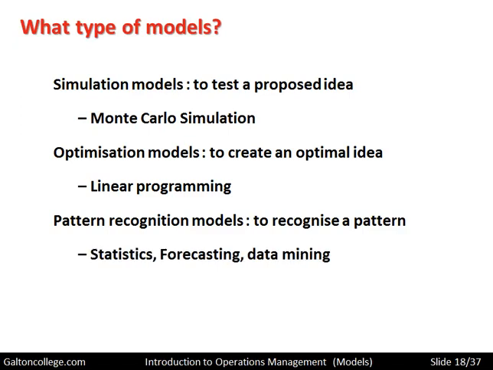So part of the pattern recognition model system might be looking at statistics from the past, looking to see if there are patterns in the throughput, the amount of work that was undertaken and successfully completed by the production system, looking at the variations in the statistics, talking to the experienced managers, as I just said, getting a feel for what the system can take, and trying to forecast that if orders of a certain quantity were to come in for a certain line of output, does the system have the capacity to deal with that?